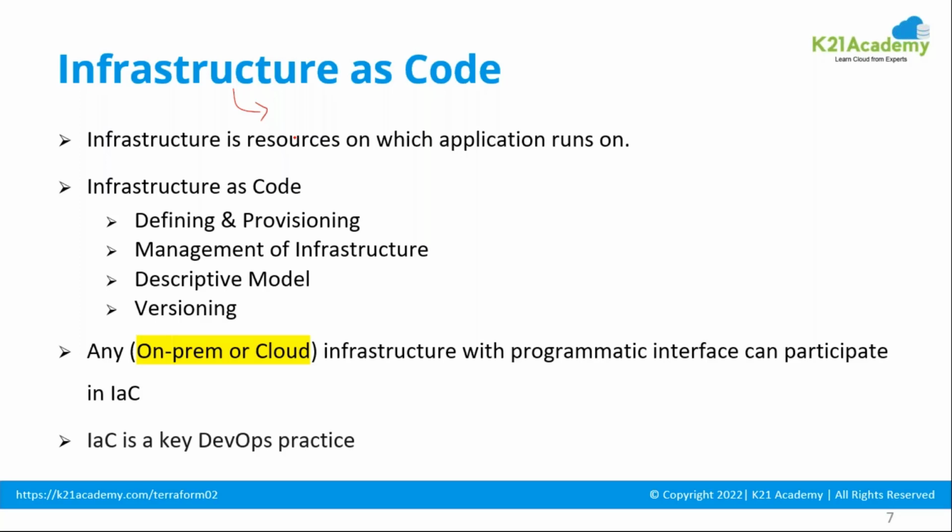Now the question is, when we talk about infrastructure, why are we saying it as code? What's the main idea behind that? Because Terraform and other such tools in the market are completely based on this logic of IaC, infrastructure as code. With infrastructure as code, you are defining your entire production workload through some coding, through a text file, which can be of specific formats like YAML or JSON.